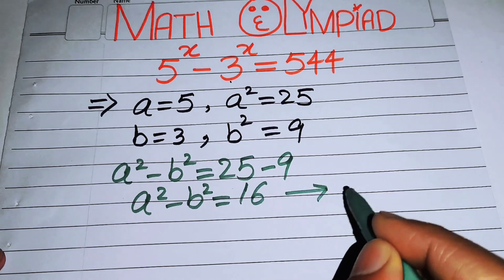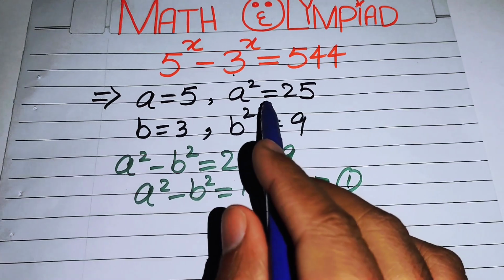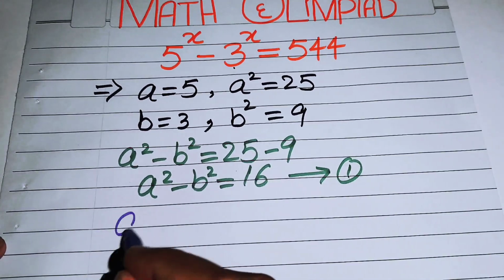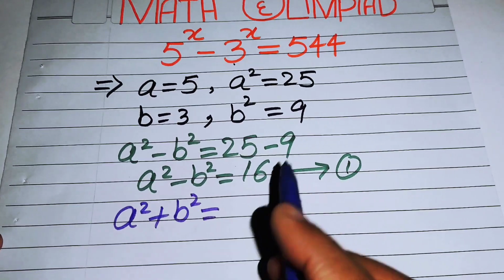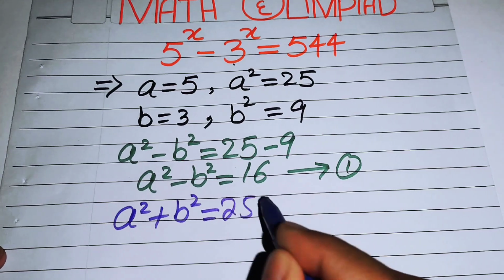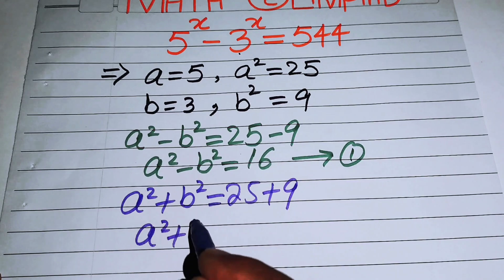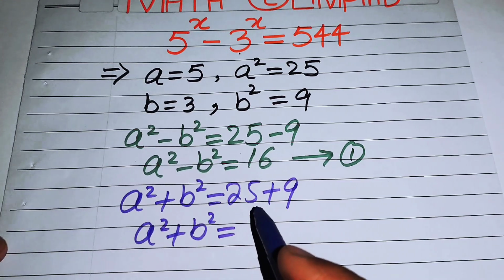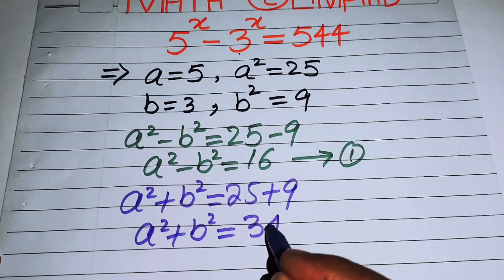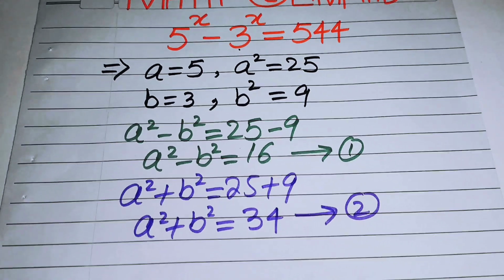We name this as equation number 1. Similarly, in the next step we will add these two terms. So you get a squared plus b squared equals 25 plus 9, which equals 34, and we name this as equation number 2.